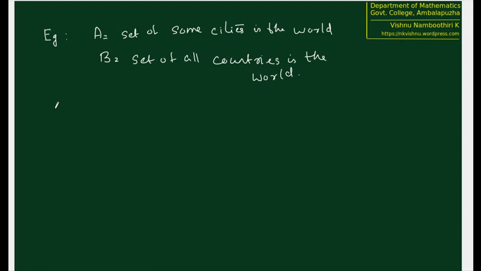So suppose that we define f like this: f of a equal to the country where a is located. Since we know that one city can belong to exactly one country, this function is one-to-one.